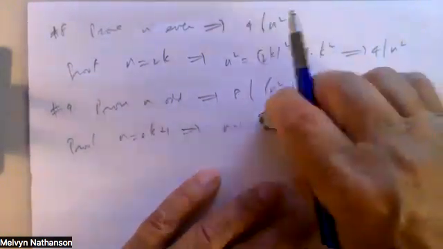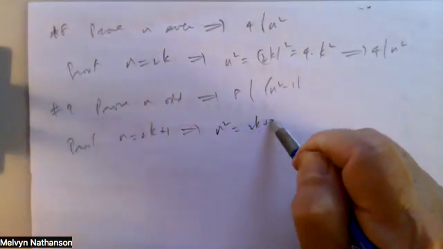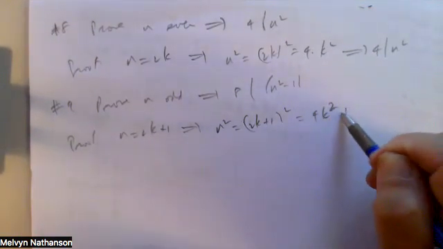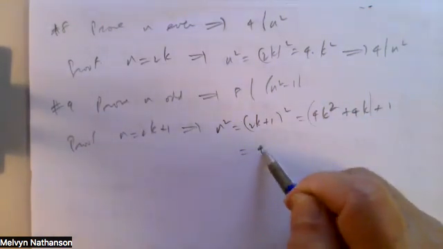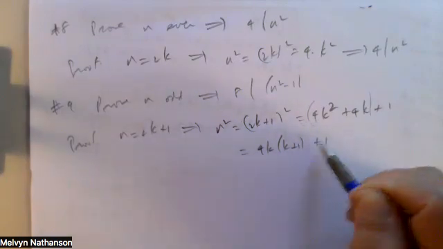So if n is 2k plus 1, then n squared is (2k plus 1) squared. If you square this, you get 4k squared plus 4k plus 1. From these first two terms, I can factor out a 4k. This is 4k times (k plus 1) plus 1.